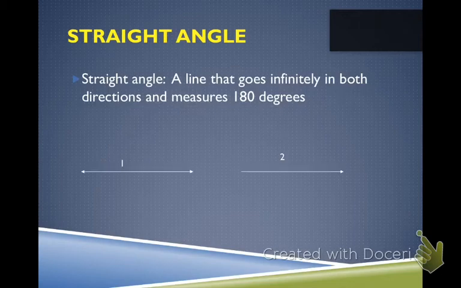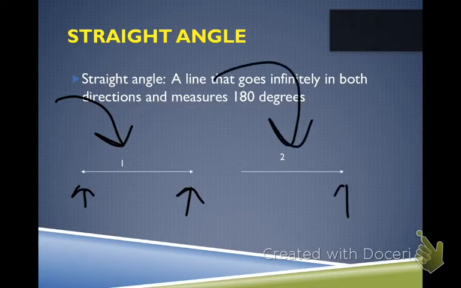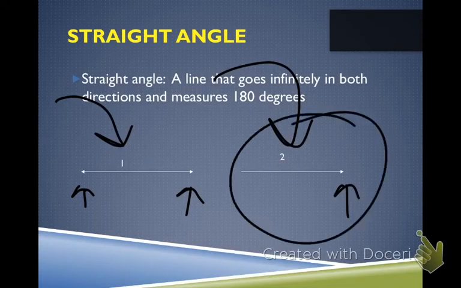So, here we go. We've got 2 different shapes here. This one right here, you notice that it has an arrow on both sides. This one down here has an arrow on only one side. If you remember correctly, it needs to go infinitely, forever and ever. This one does not go forever because it doesn't have the arrow at the end.